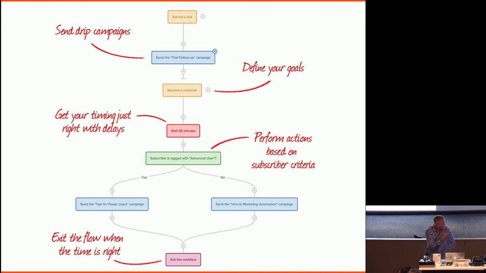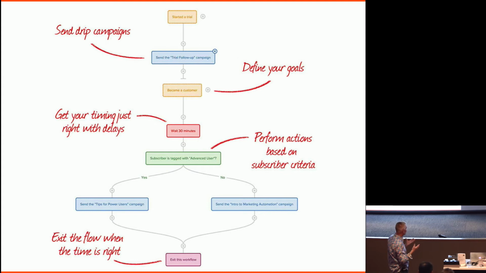Here's an example of an automation. This is really simple. The very top one, the yellow box, is the trigger. This is where they've entered. As soon as they've had this tag applied, because they've asked for this document, we send a campaign, which is the blue box. That campaign is a series of emails. Our goal is that we want them to purchase a bunch of office chairs.